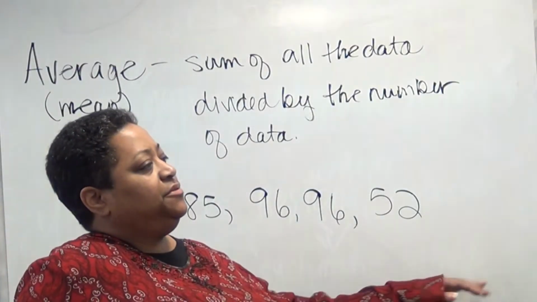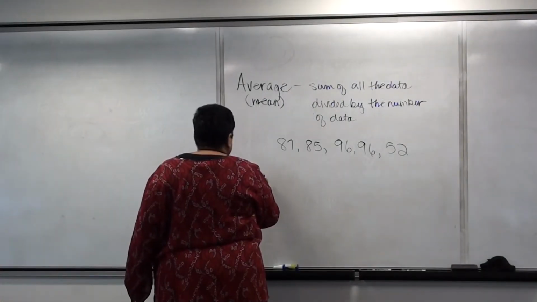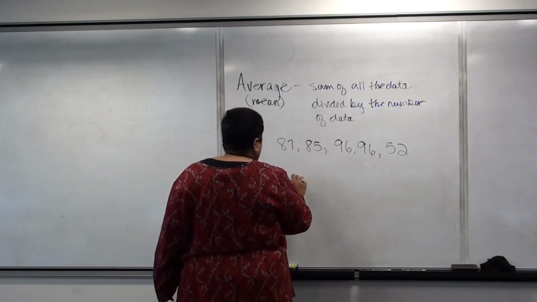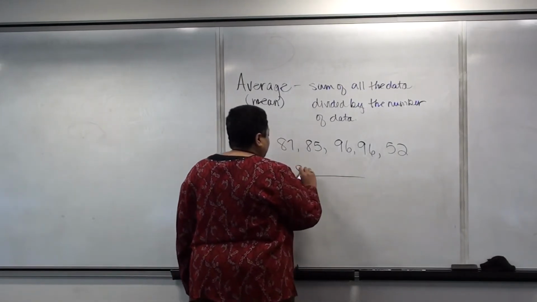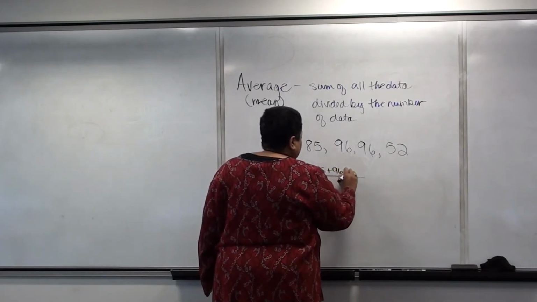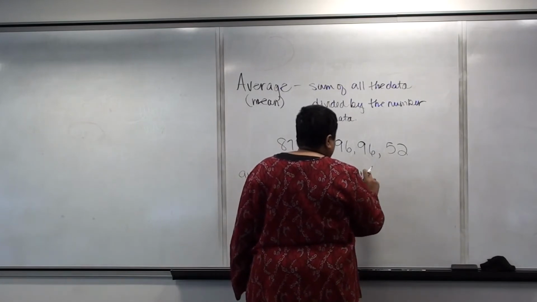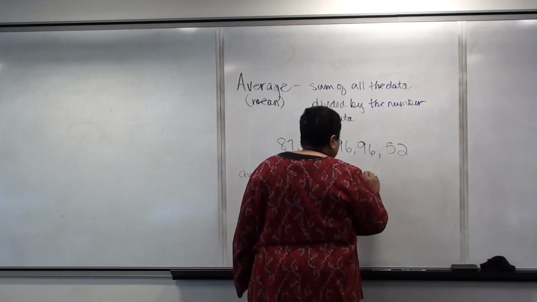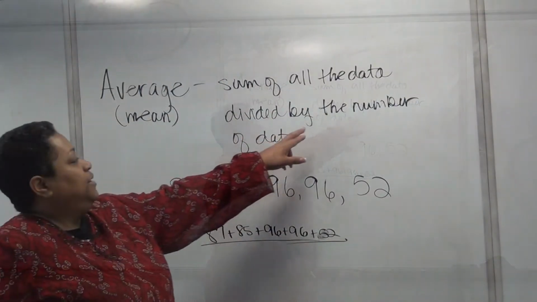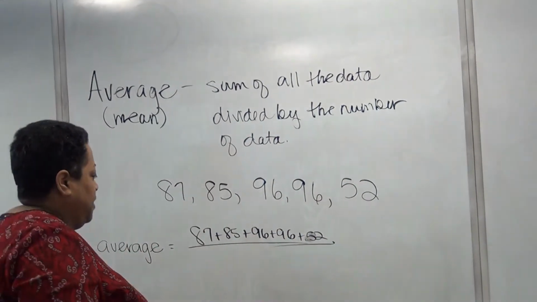So if I ask you to find the average, the average would be equal to all of this data added up divided by what? The number of data. 1, 2, 3, 4, 5.